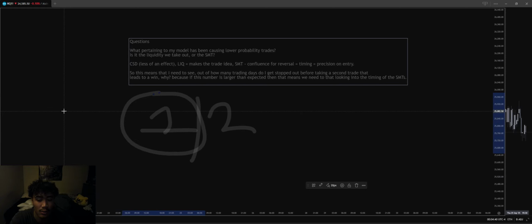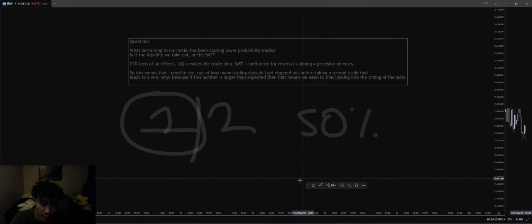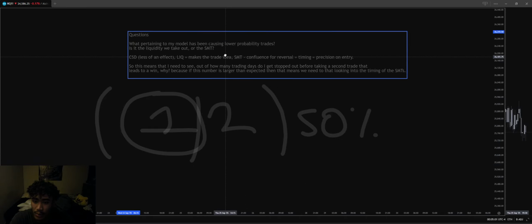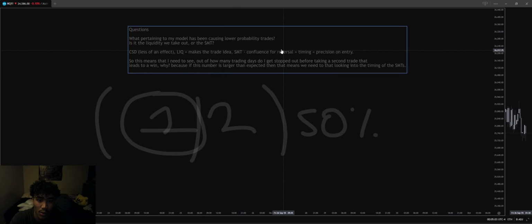Not necessarily a wrong trade idea, but just improper timing, whether that be too quick, too early or too late, whatever the case. Never really too late, but mainly too early. If the probability is more than 50%, then that can also be a confluence that, hey, the timing on my SMTs is also off. So that'll give me an area to start to look at.